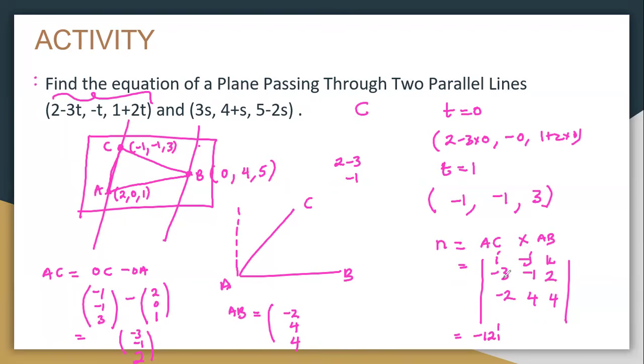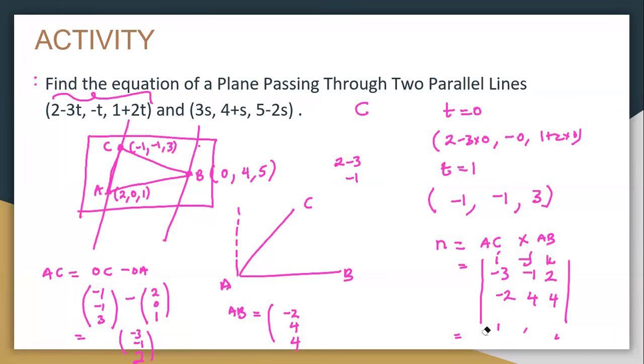When you remove this, it is negative 12 minus 4, which we shall remain with negative 8j. When you remove the last one, this is negative 12 minus 2, which is negative 14. Let me be very sure. Just a minute. This is negative 4. Okay, negative 4 minus 8. Yeah. Hope it is okay.